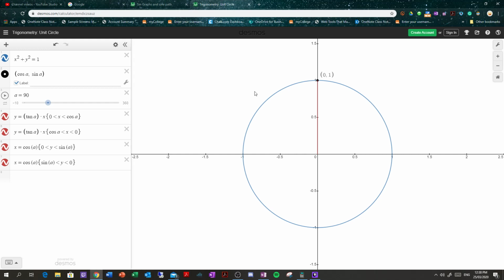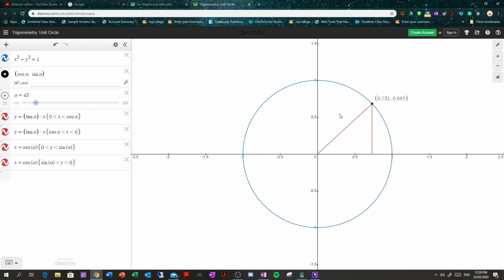And if I move it through to 180, it's 0. So opposite over hypotenuse is 0. And if I move it to 270, opposite over hypotenuse is -1. And so it all has to do with the unit circle and creating these right angle triangles.